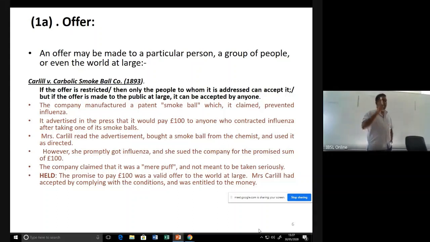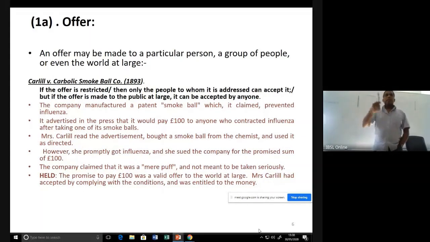There's another method by which I can make an offer. I am the owner of this pen, so I make an offer like this: I would like to sell this pen for 50 rupees. That is the third type of offer. To whom is it addressed? Not to a particular person, or to a particular group of people. It is addressed to the entire world.